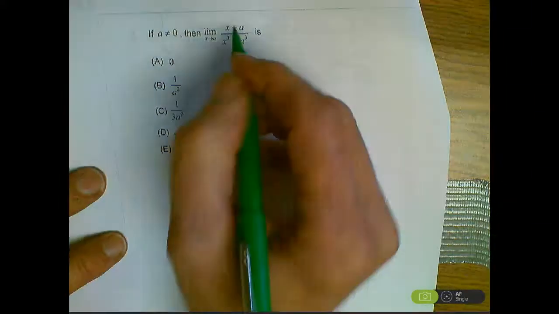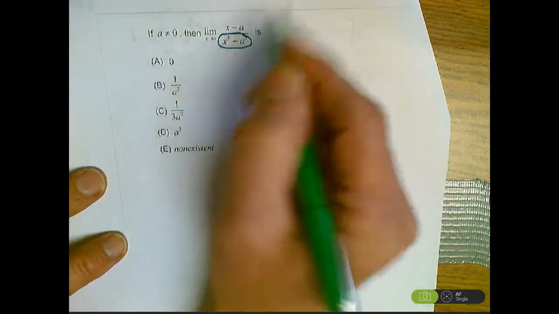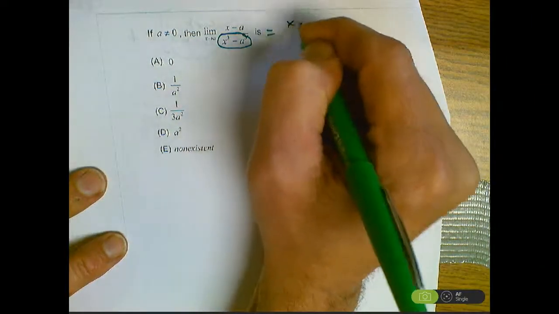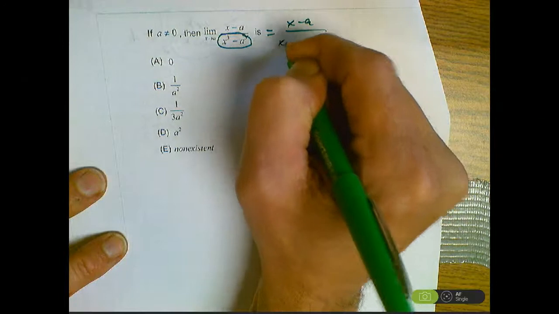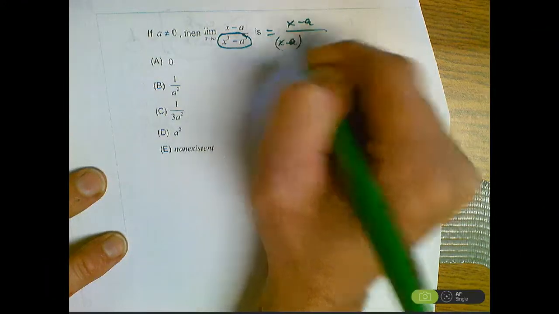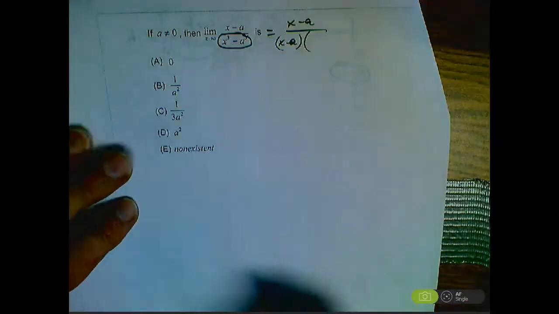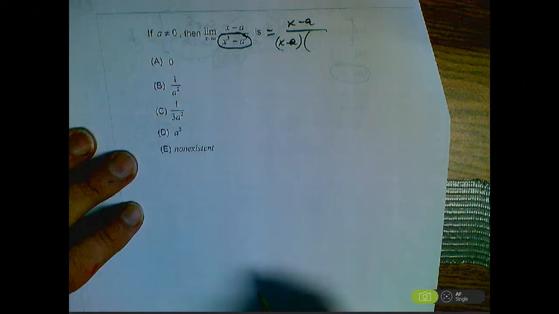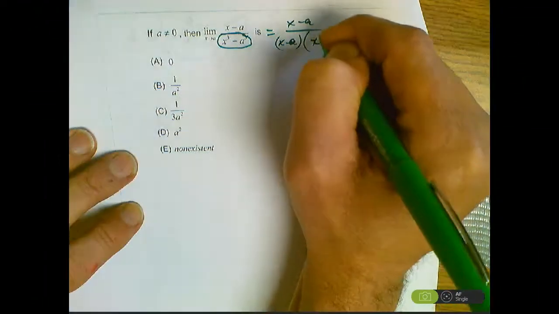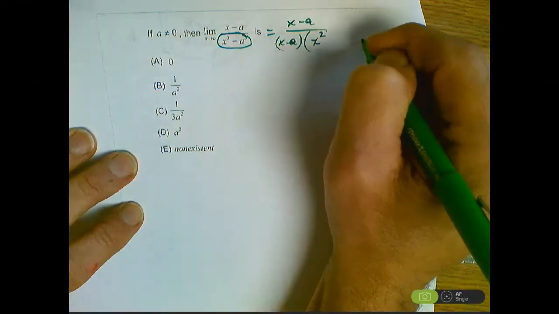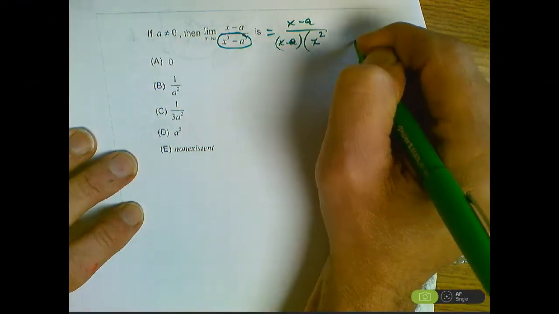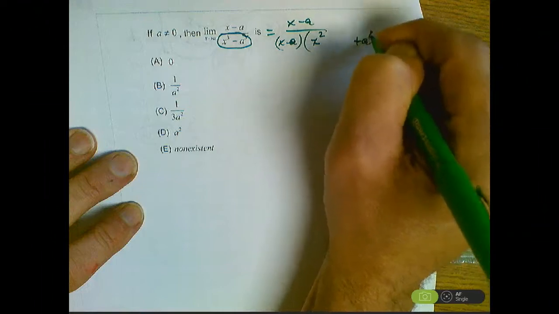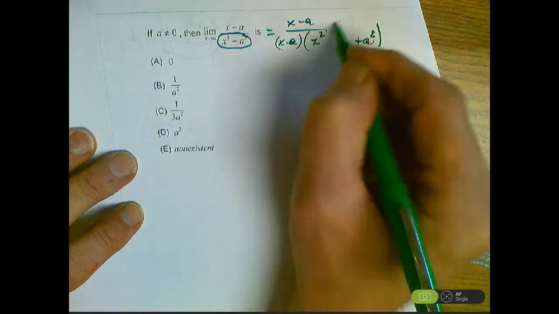I notice I'm going to look to factor out of this difference of 2 cubes. I'm going to get x minus a over x minus a. And what's left is going to be a quadratic, which would be x squared. And my last term is going to be plus a squared. I always kind of forget what to put in the middle here.